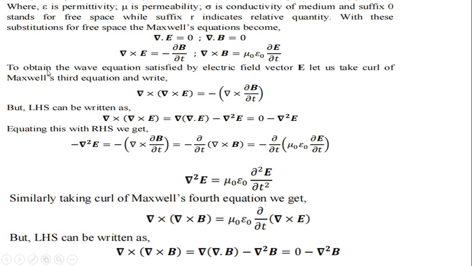Now, to obtain the wave equation satisfied by the electric field vector E, let us take the curl of Maxwell's third equation, that is del cross E equal to minus delta B by delta t. So taking the curl of this equation, we get del cross del cross E equal to minus del cross delta B by delta t.